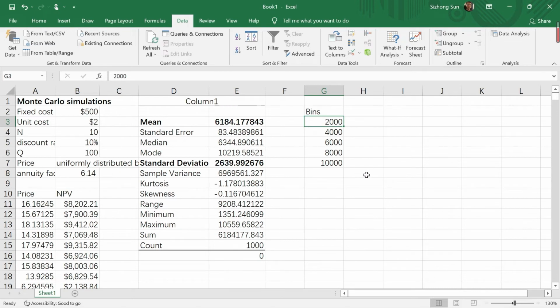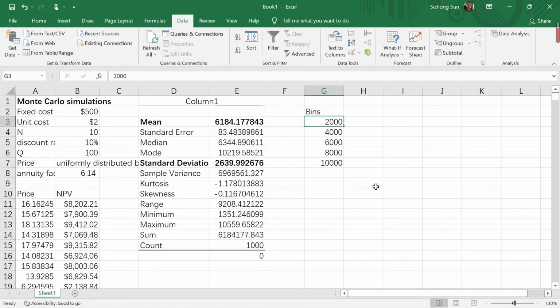Excel will count how many of the 1,000 MPVs we calculated have a value of less than or equal to 2,000, how many are between 2,000 and 4,000, and so on and so forth.